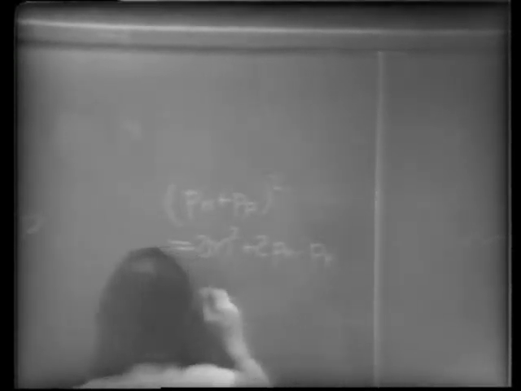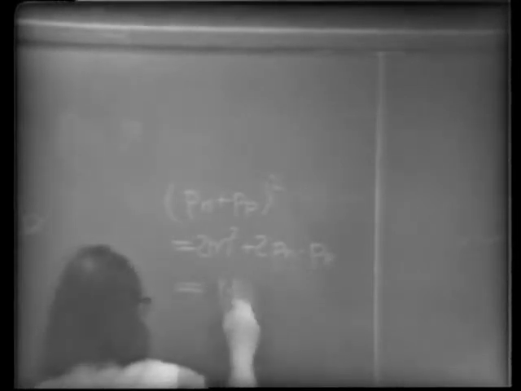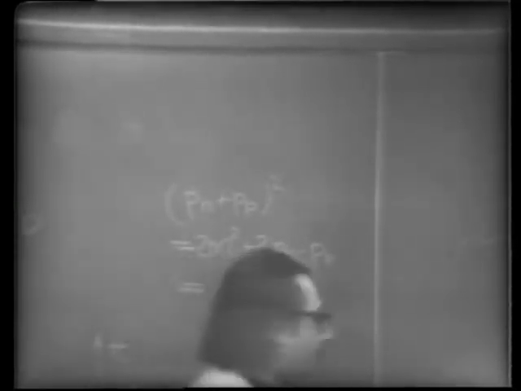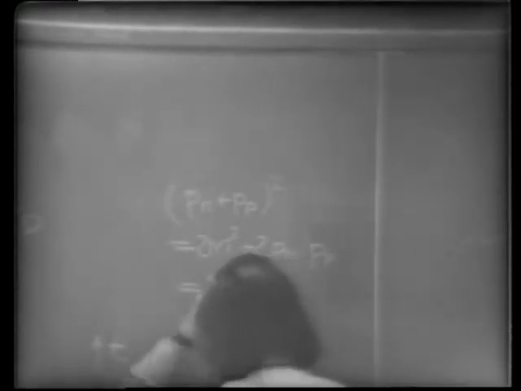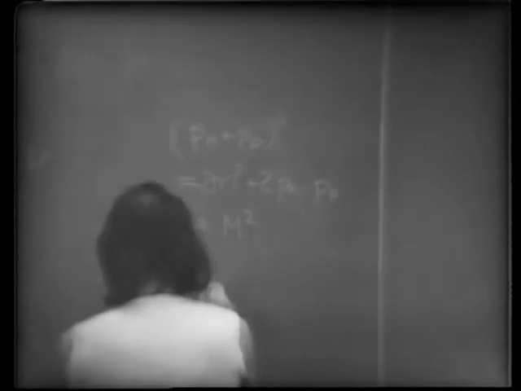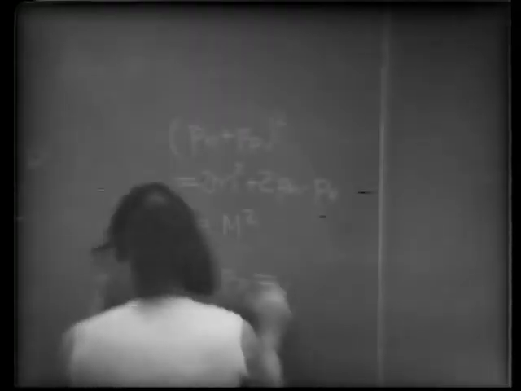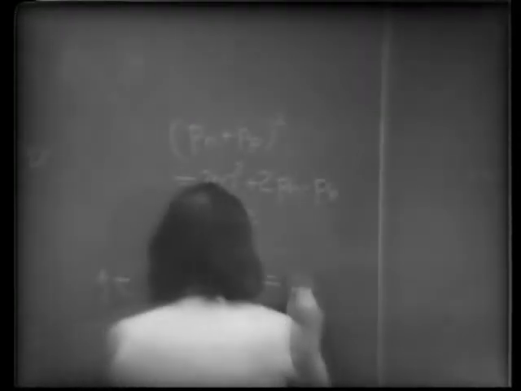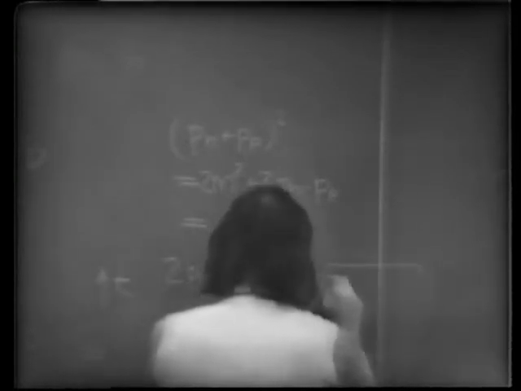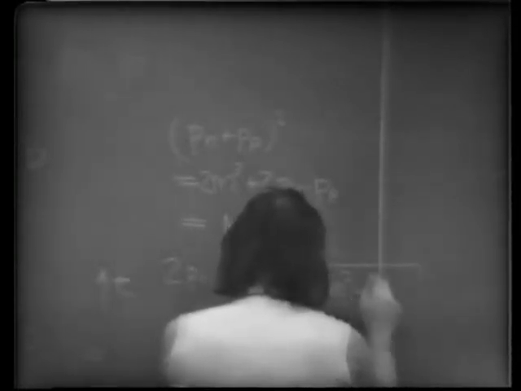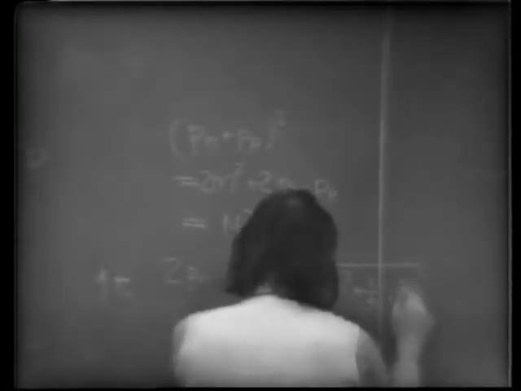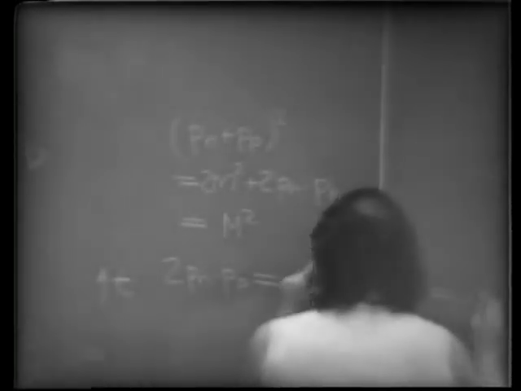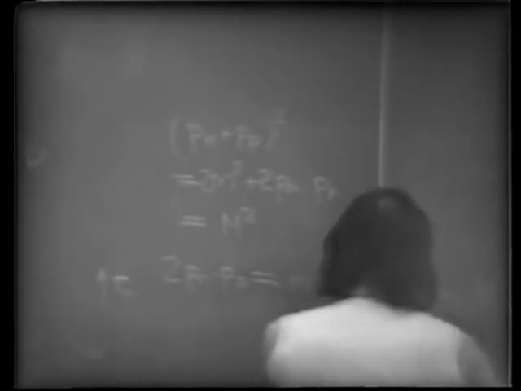I have a feeling this isn't the most efficient way, but I was getting tired. It must equal capital M squared, the mass of the Deuteron. Thus 2 pn dot pp, which we see from here, is m root m squared plus 1/4 q squared, must equal capital M squared minus 2 little m squared, and a 2 here.